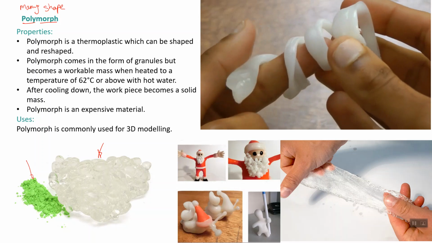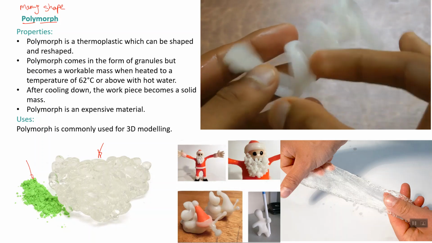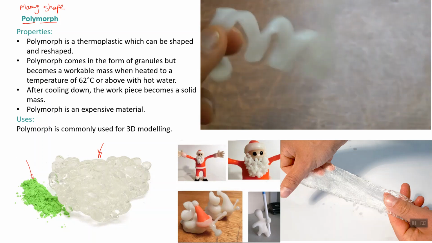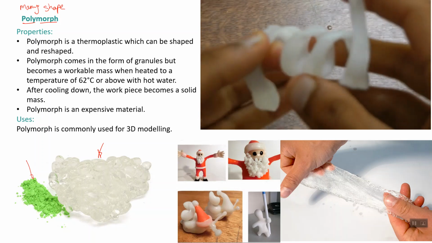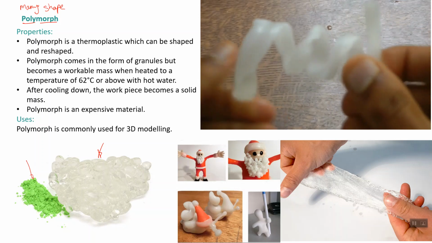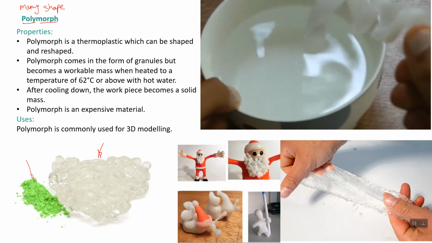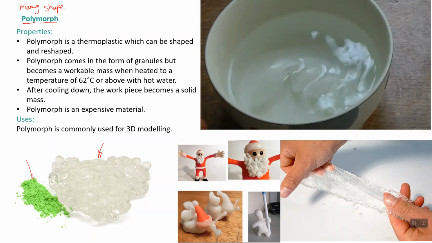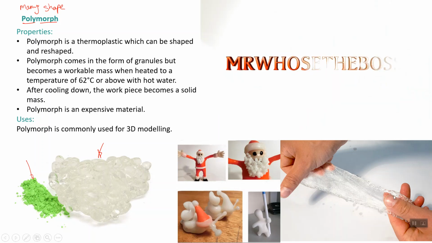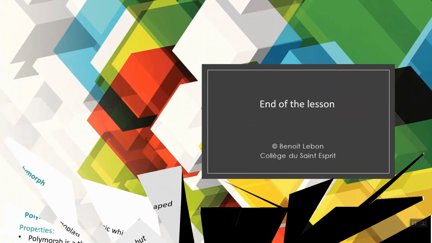So here you are. It becomes a very rigid material. So this material can be remelted again to make other materials. So you can repeat this process again and again. So you put it in hot water again, it becomes malleable again. So this is what we call polymorph materials. Okay, so here you are.